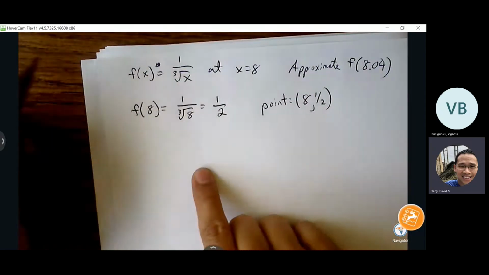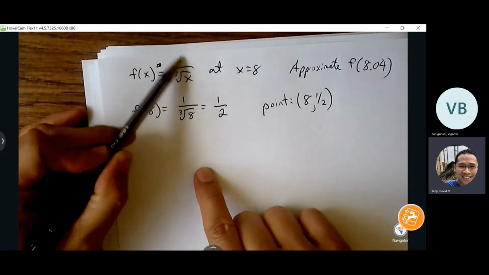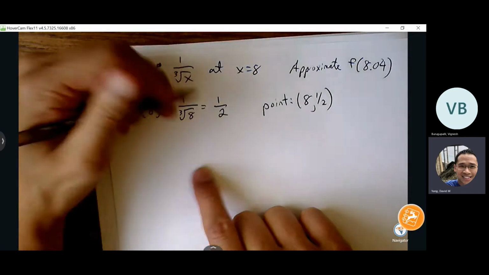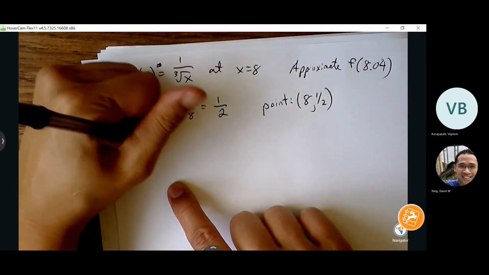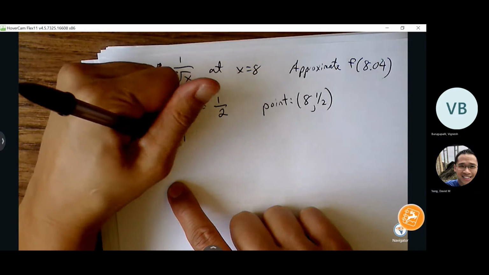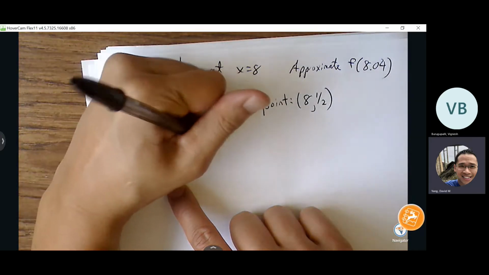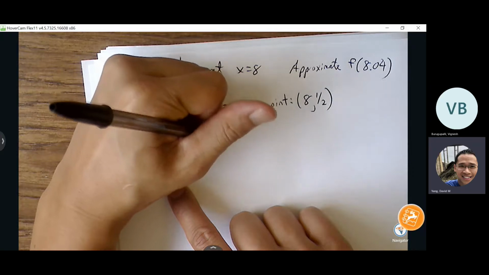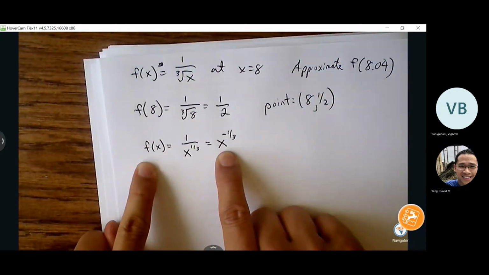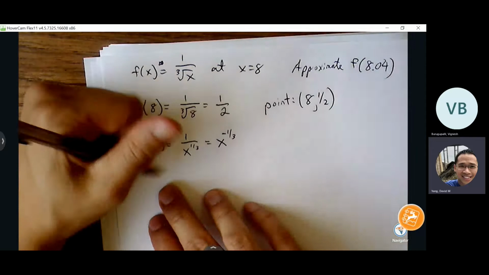Slope. So slope comes from the derivative. To get to the derivative, we need to do a little bit of cleanup here, right? Make this x to the 1/3 in the denominator, which is really x to the negative 1/3. Okay, power rule.